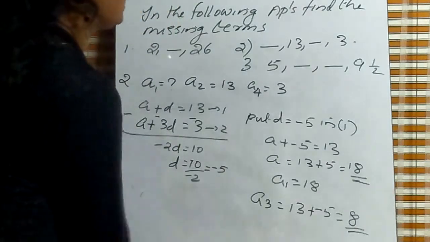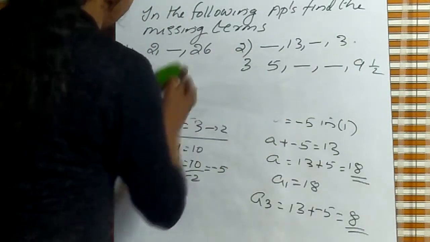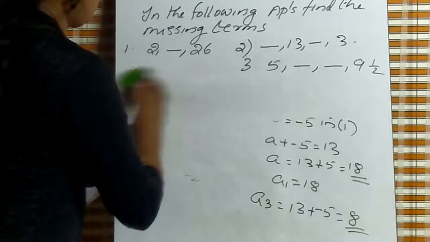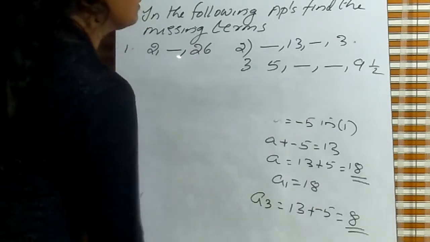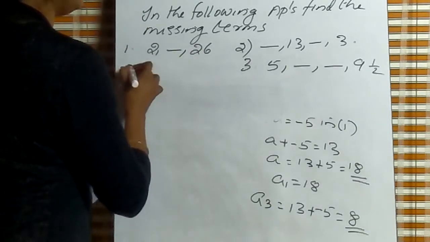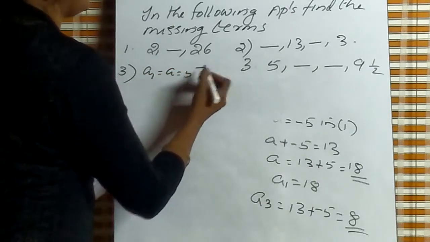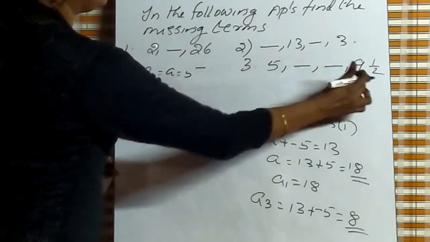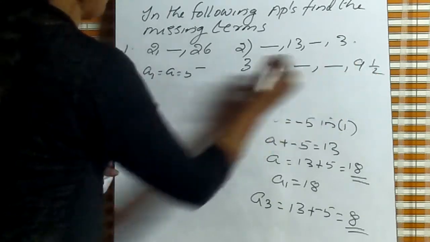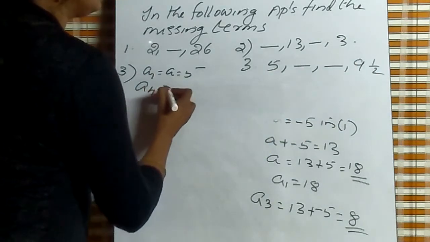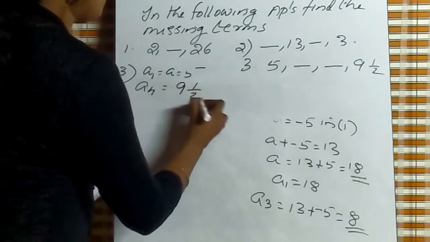Then the third question. A1 is equal to A is equal to 5. A2, A3, and then the last, A4, is equal to 9.5.